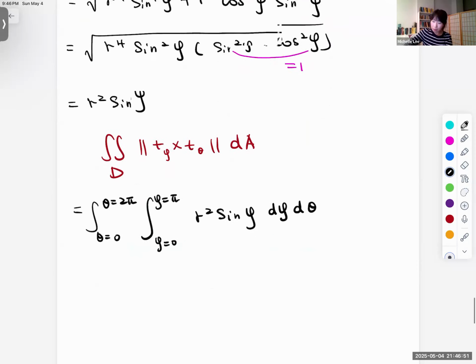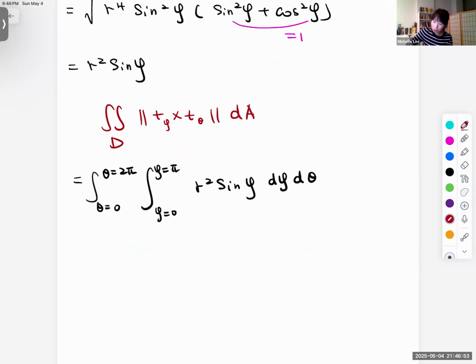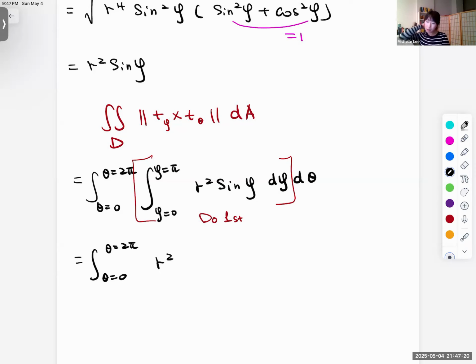Now we want to integrate this one first. And there is no theta, so I don't have to say treat theta as constant. So we have theta equal to 0, theta equal to 2 pi. R squared is a constant. What's the integral of sine? So negative cosine.